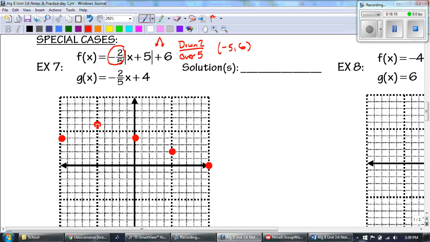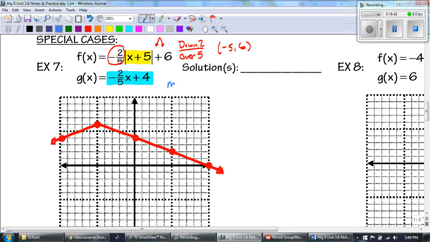Okay, straight edge. Use that ID, a ruler, anything. And there we go. So that was our absolute value. Now our next one is linear.